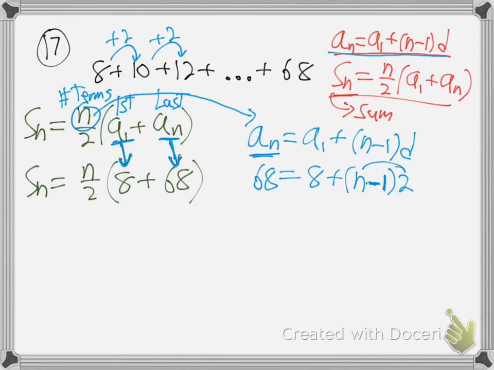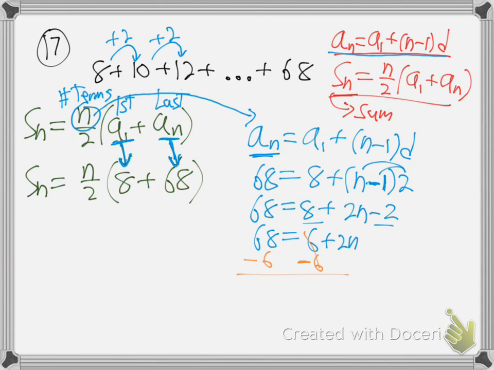So let's distribute. 8 plus 2n minus 2. 8 minus 2 is 6. Finish solving. Subtract 6. Subtract 6. Boom. 62, 2n.